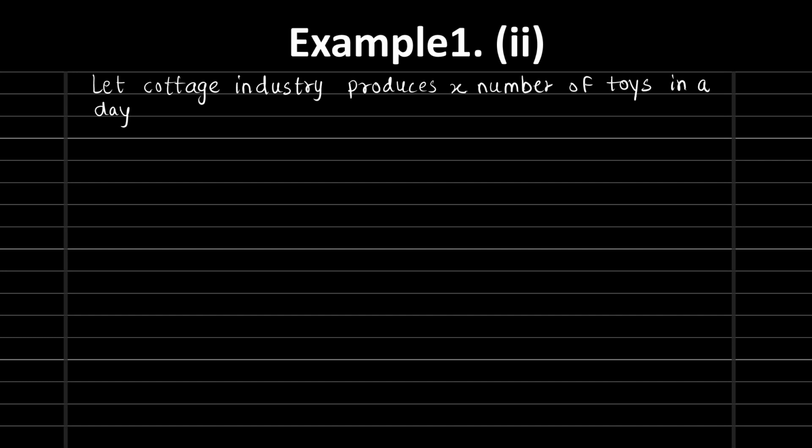We had been given the cost of each toy, so we will write down then, cost of each toy is equal to 55 minus the number of toys that were produced. So 55 minus X, because we assumed that X number of toys were produced in a day. Therefore, the cost of one toy will be equal to 55 minus X.